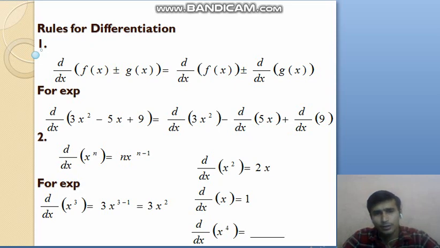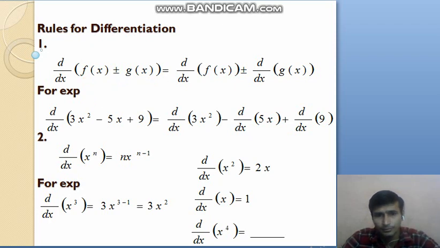So if we have two functions f(x) and g(x), right? The differentiation of the sum of f(x) and g(x), d by dx of f(x) plus or minus g(x), is equal to d by dx of f(x) plus or minus d by dx of g(x), right? It simply separates the different types of functions in the differentiation.